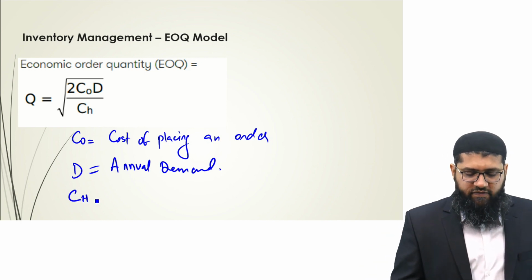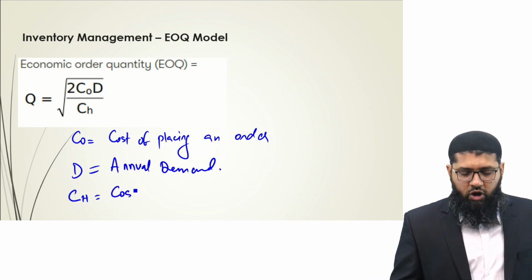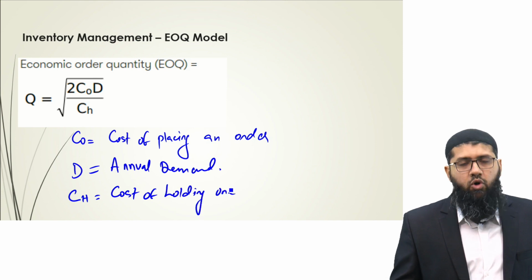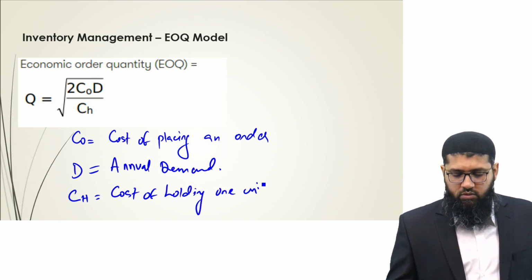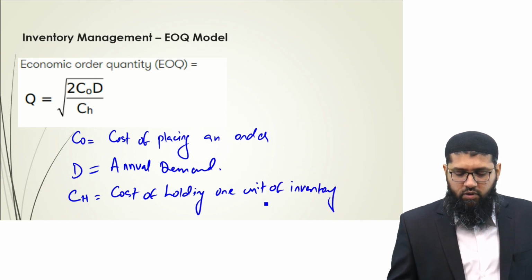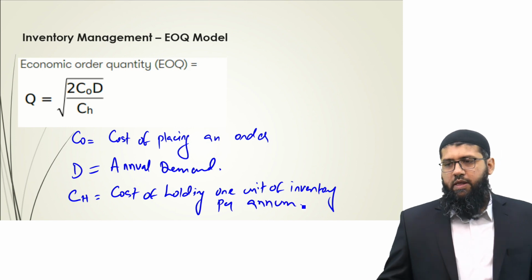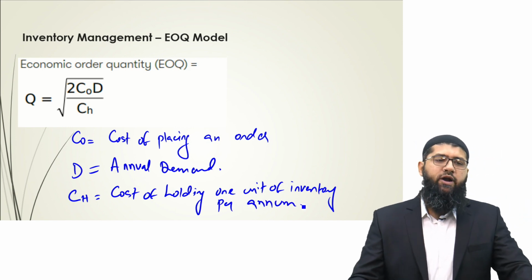And then you have CH, which is the cost of holding one unit of inventory per annum.